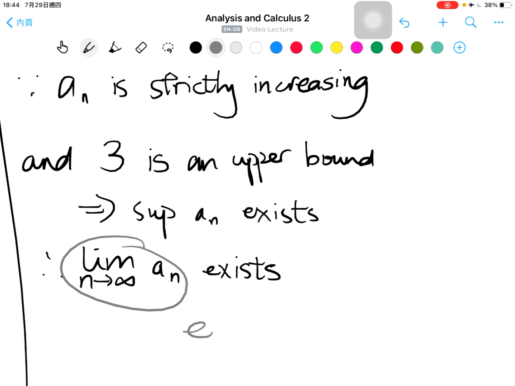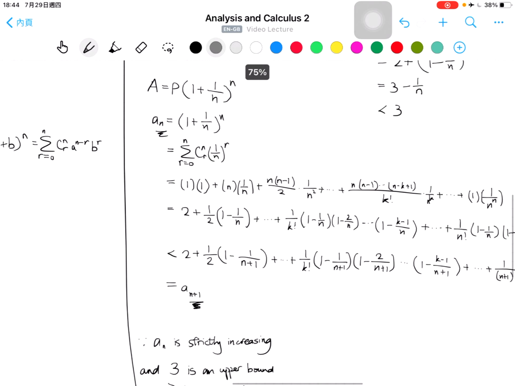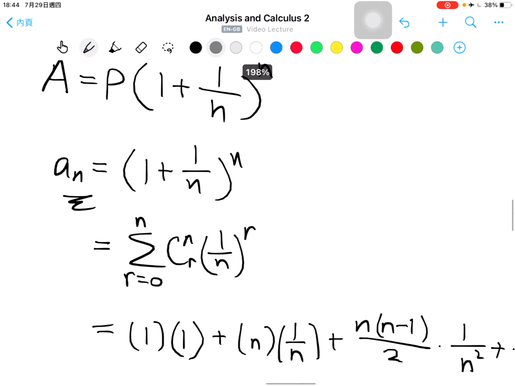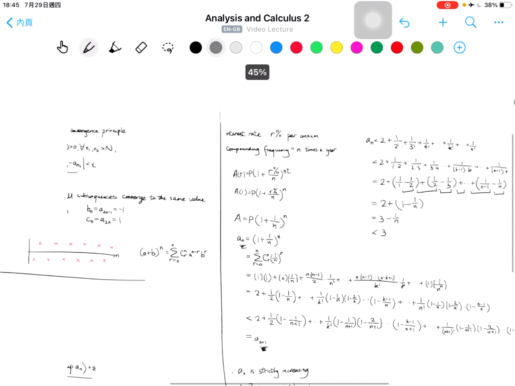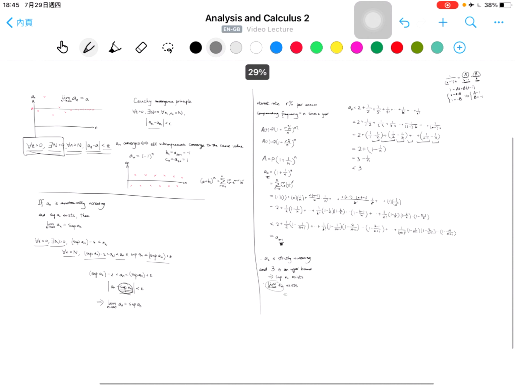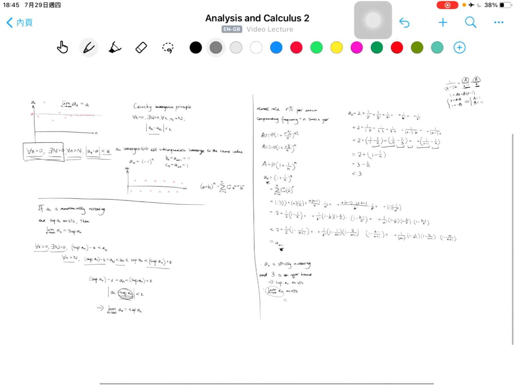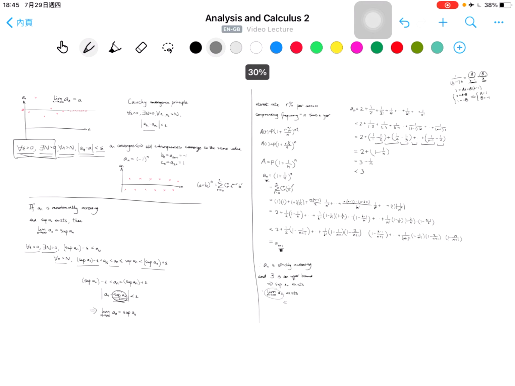So next time when we see some kind of limit having this form of 1 plus something raised to the something, then we probably want to think of e. It's probably related to e. But anyways, I'm going to leave the evaluation of limits for the next lecture.